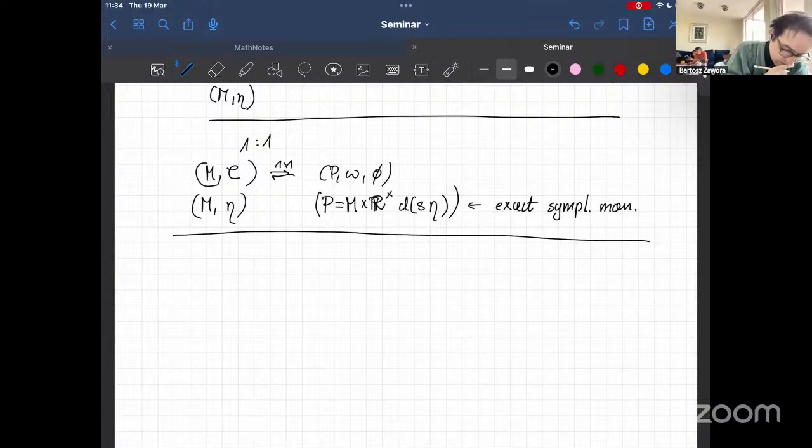So again, we need to prove the analog of the Marsden-Meyer-Weinstein reduction in a contact setting. We need the symmetries.